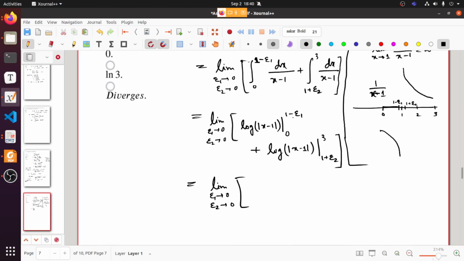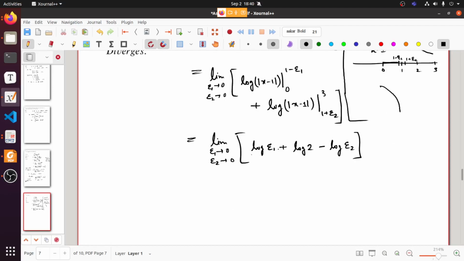If you put the first limit, 1 minus epsilon 1, you get log of epsilon 1 minus log 1, since putting 0 gives log 1, which is 0. For the next, putting 3 gives log 2, minus, putting 1 plus epsilon gives log of epsilon 2. Now as epsilon 1 tends to 0, log epsilon 1 becomes minus infinity, and the other also goes to infinity. So this integral diverges, because it does not give a finite value.